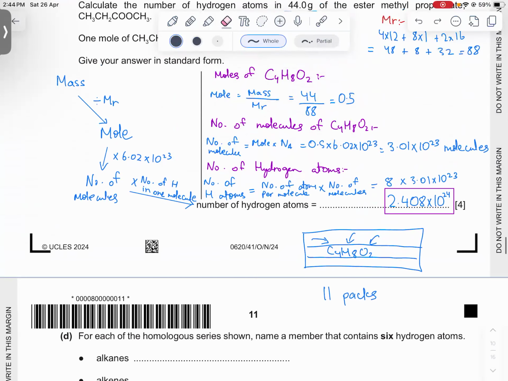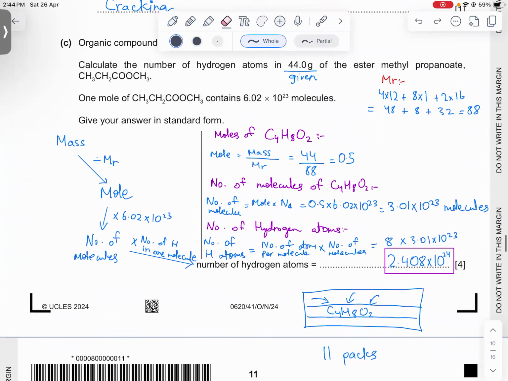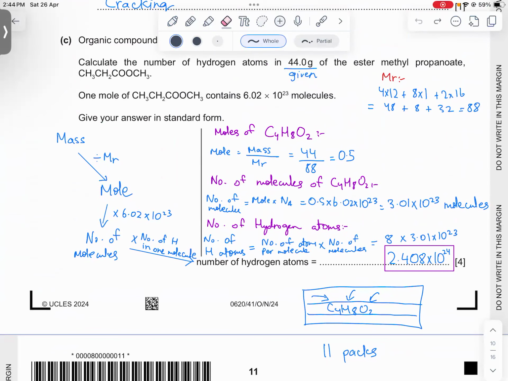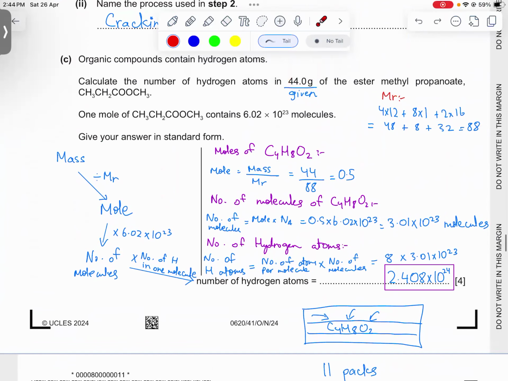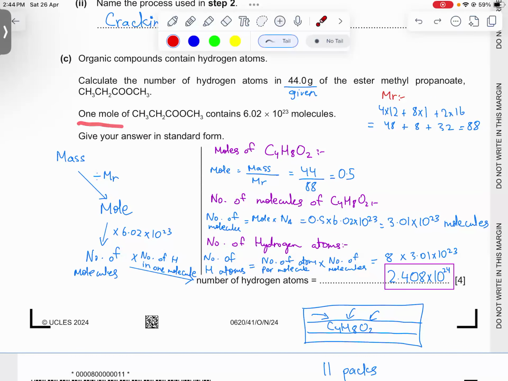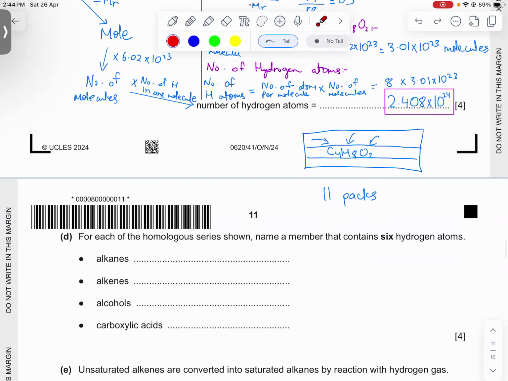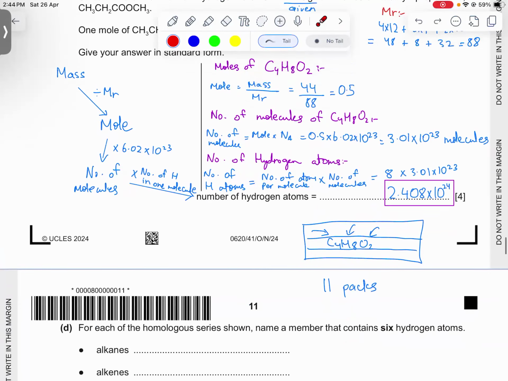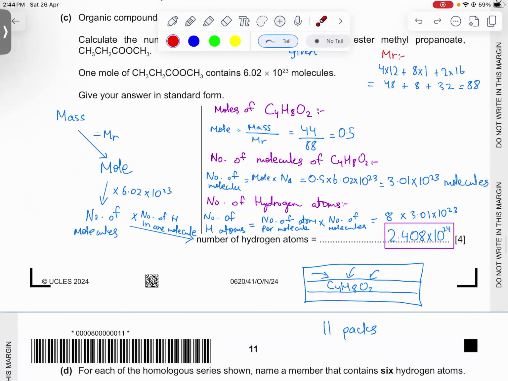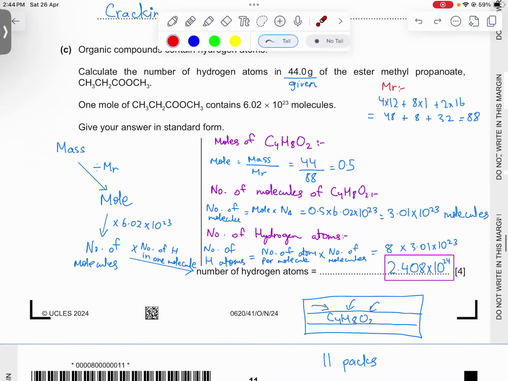No, it does not say one molecule. It says in 44 grams. Where does it say in one molecule? It told us that one molecule contains 8 hydrogens by the formula, right? So now understand it from scratch again. It's basic maths, only arithmetic.